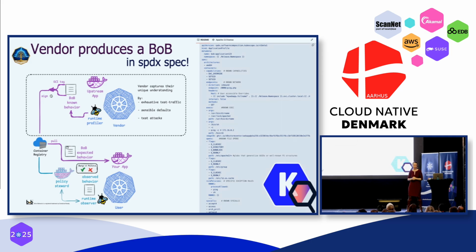In this case, this is from Matthias from Armosec, the Kubescape CNCF project that can now, as of next week, officially support SBOBs, where it creates a flat file traced out by eBPF.